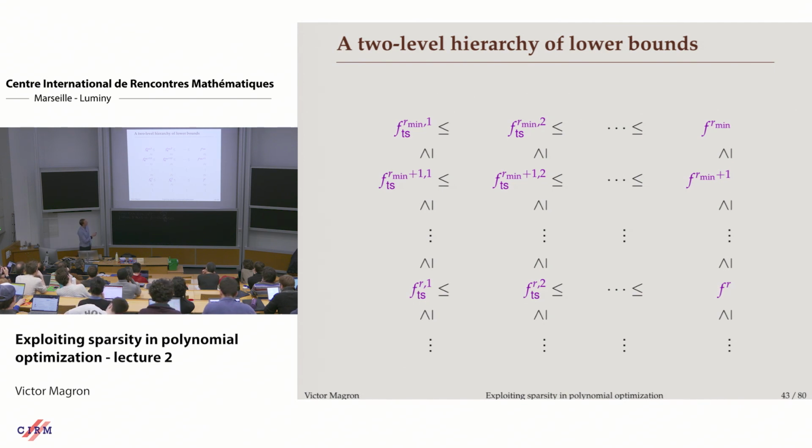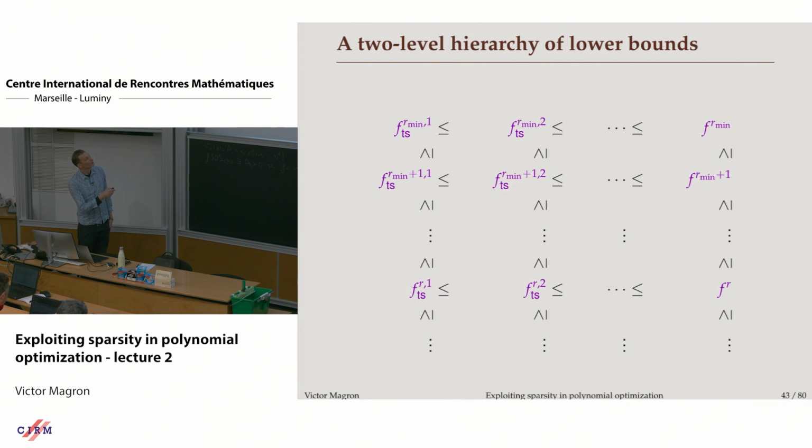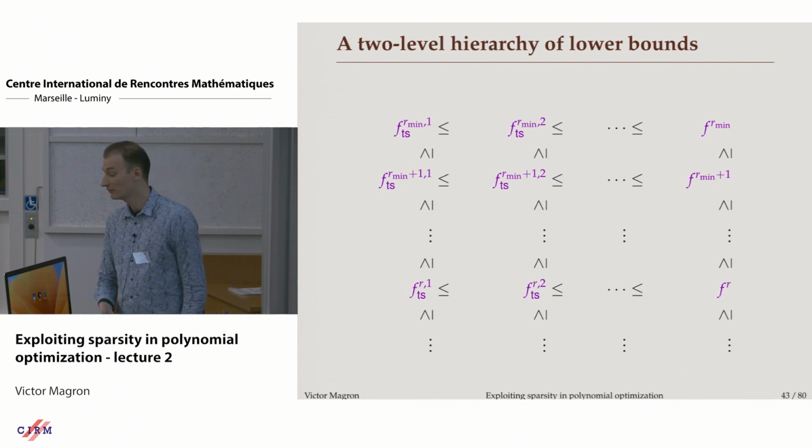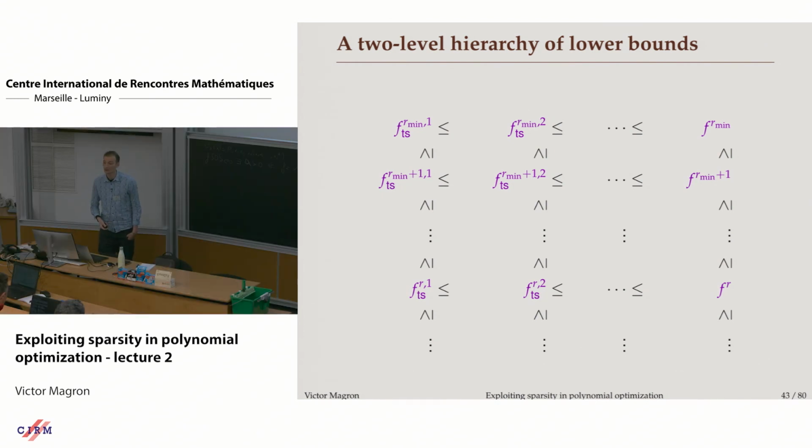And when I go to the right, I build more and more complicated graphs, but I keep the same degree. So potentially here, I will have the dense relaxation. And when I go from top to bottom, then I just increase the degree, but I take the same number of graph iterations.